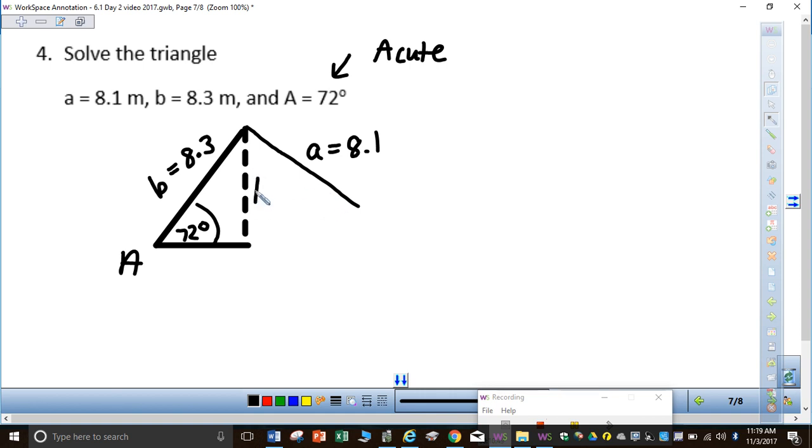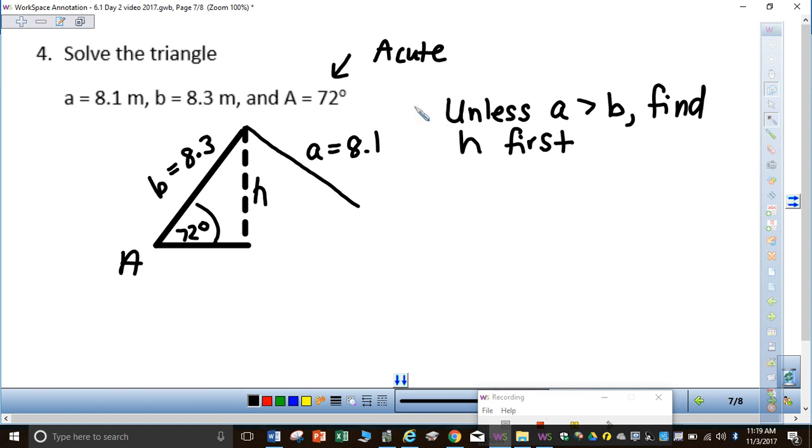Okay, let's go ahead and label our heights. So unless side A is greater than side B, we need to find the height for our first step. So here's how we do that. Notice how this makes a 90-degree angle.